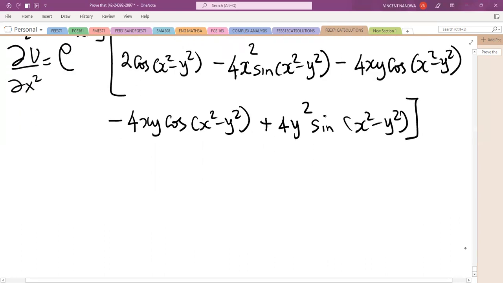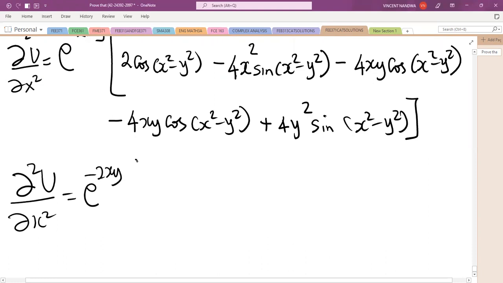So then we can put like terms together. Say partial squared u partial x squared is given by e raised to power minus 2xy into 2 cos of x squared minus y squared.